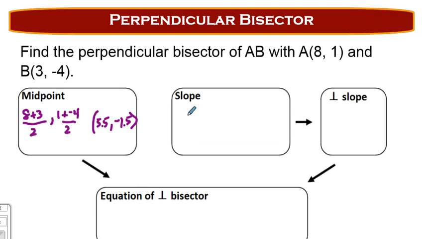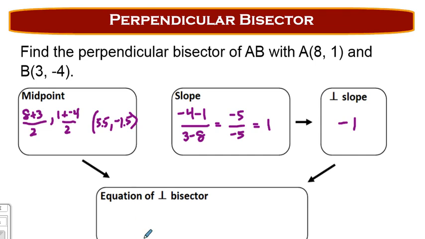Let's see our slope. We'll take y2 minus y1, and then x2 minus x1. I get negative 5 on top. I also get negative 5 on the bottom. So this slope is 1, or 1 over 1. When I flip it, I get 1, but I change its sign as well, so I get negative 1.